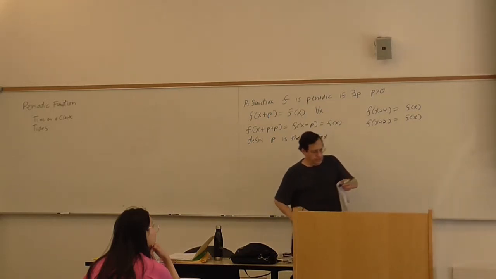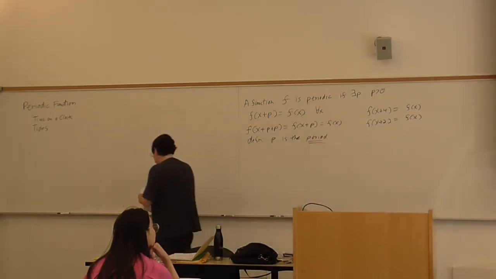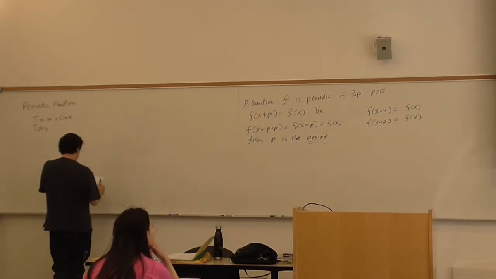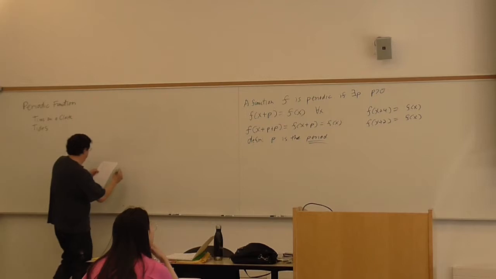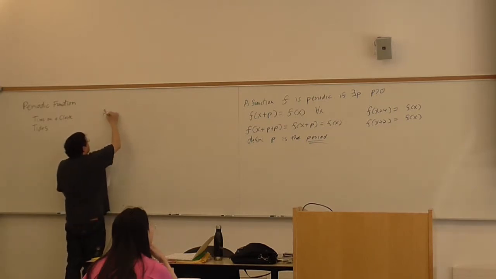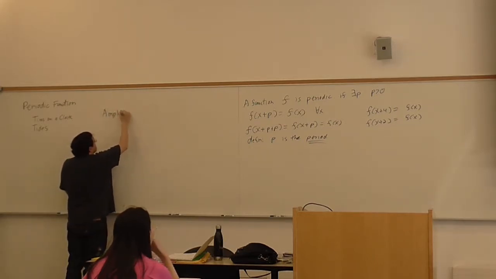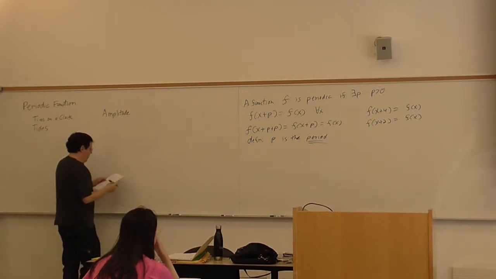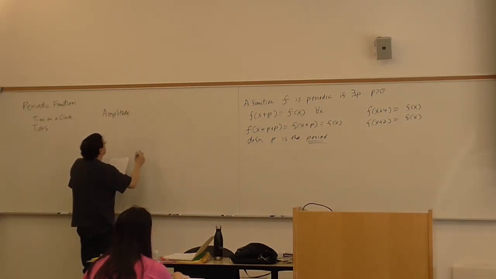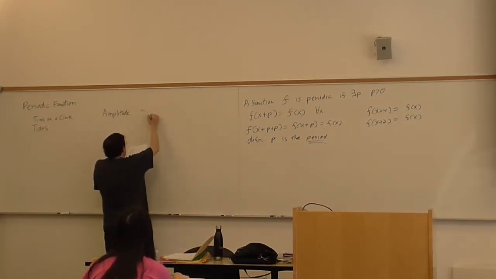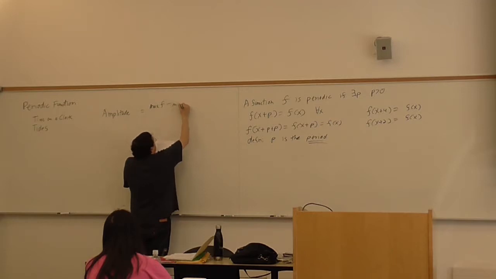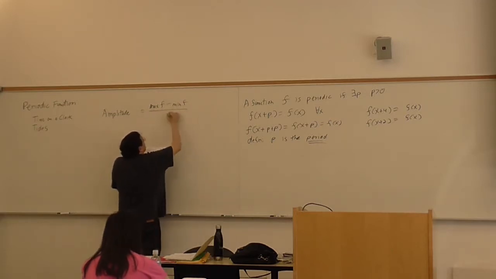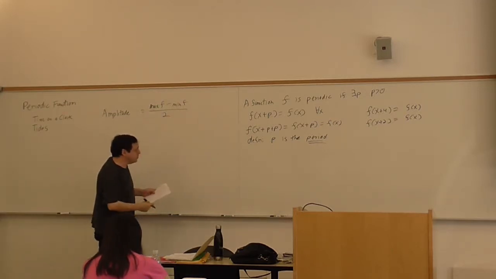Okay, so let's talk a little bit about that. We have something called the amplitude that he mentioned of a function, which is defined as the maximum of f minus the minimum of f over 2.